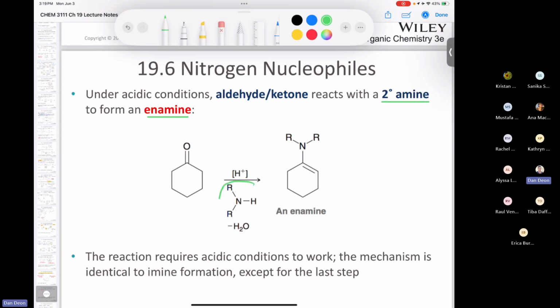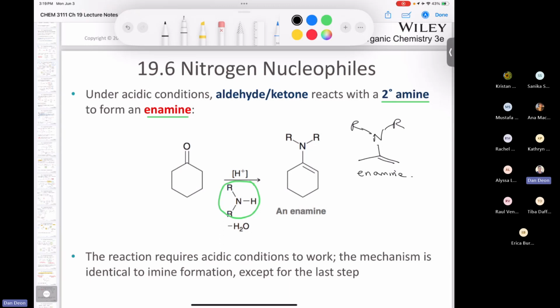You can see here we have a secondary amine, catalytic amount of acid. We lose water, and you guys have to know what an enamine is. An enamine is a new functional group. Learned a bunch of new functional groups. So you have an alkene with a nitrogen and two R groups attached to it. This is an enamine, like that.